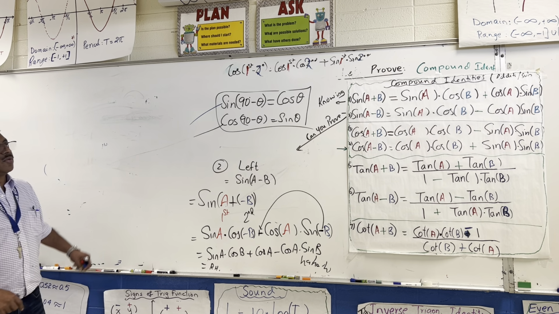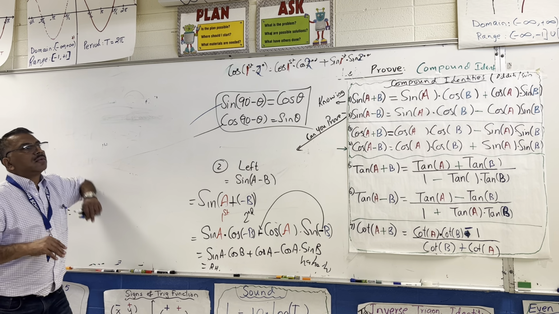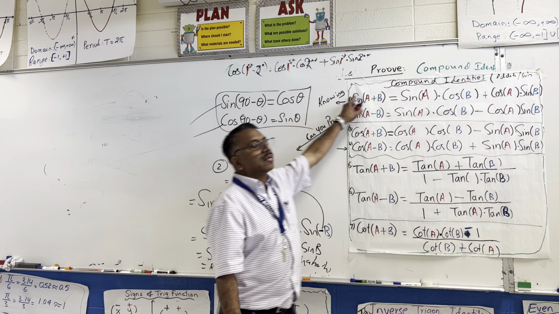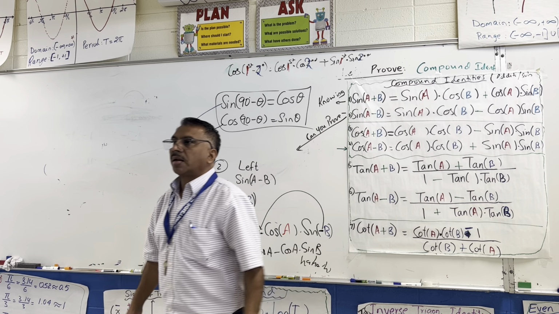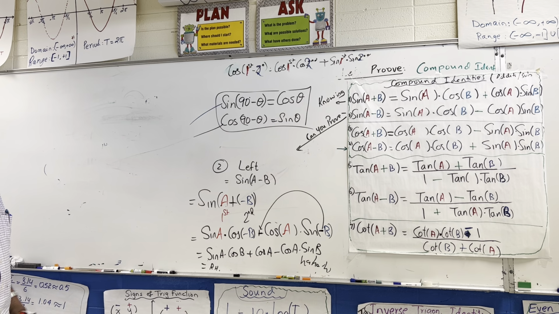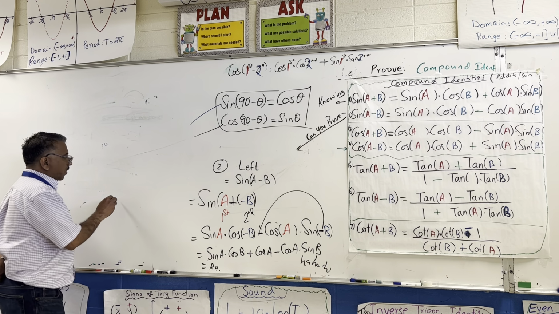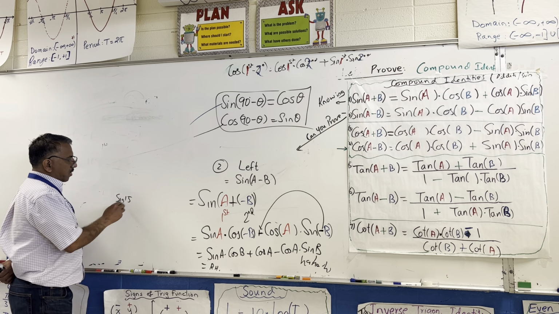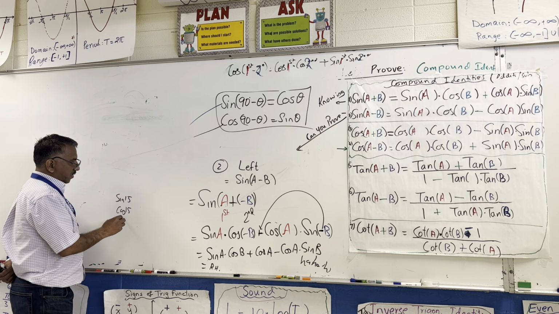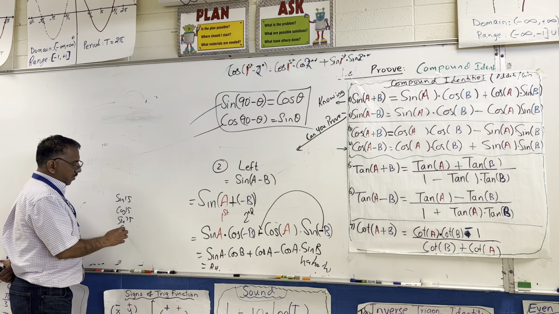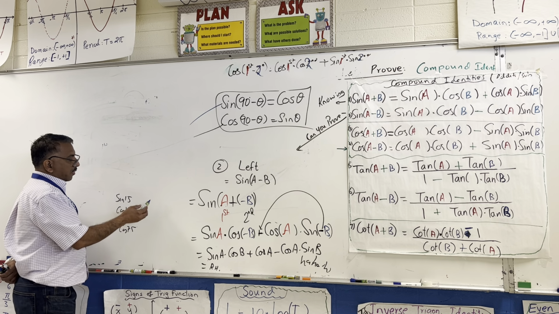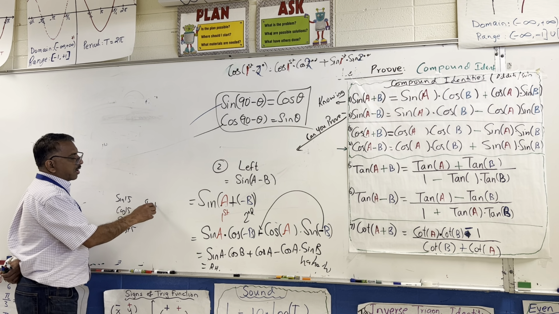The goal of the time we spend is to know why these formulas exist, and now you know how it is, right? And we applied it last time. We did sine of 15 or cosine of 15, sine of 75, cosine of 75. We also did sine of 105.